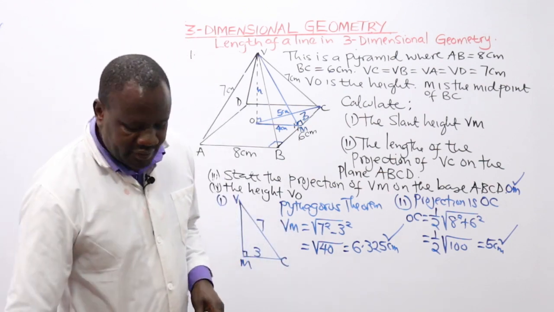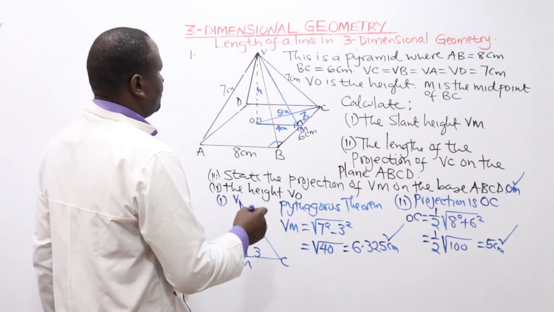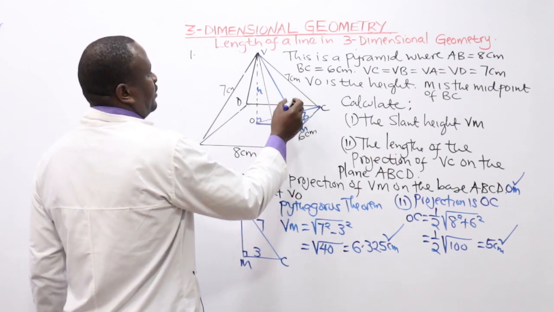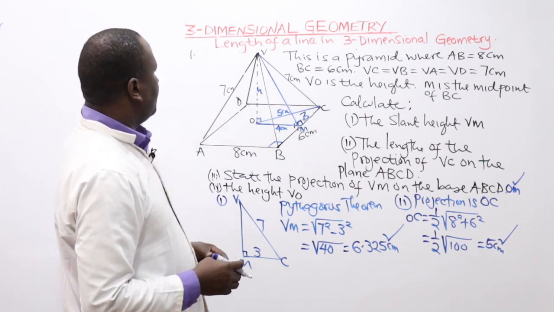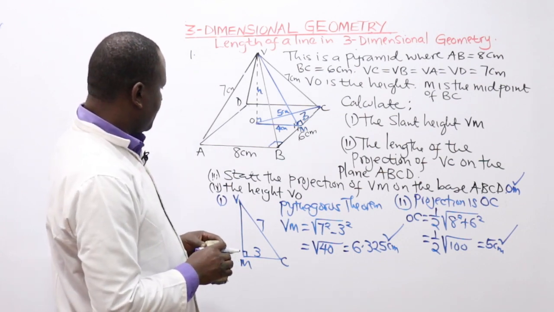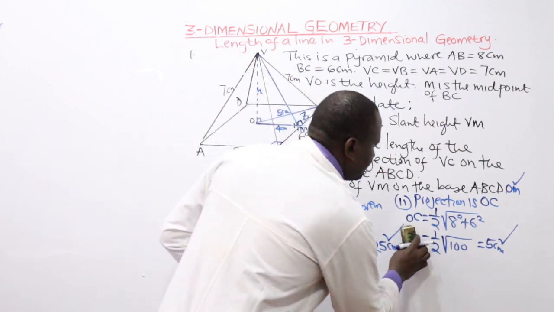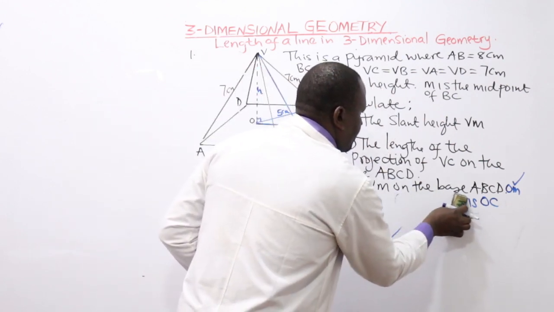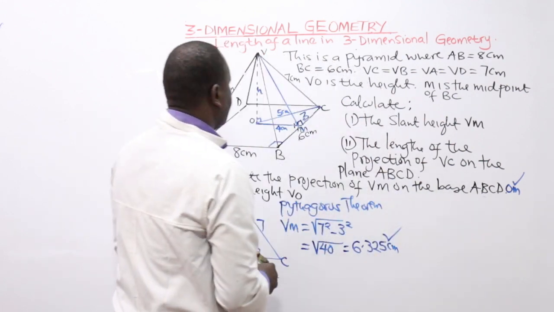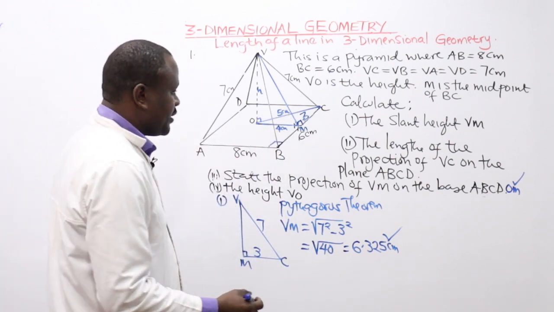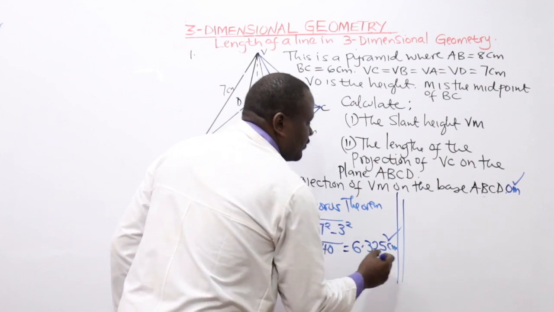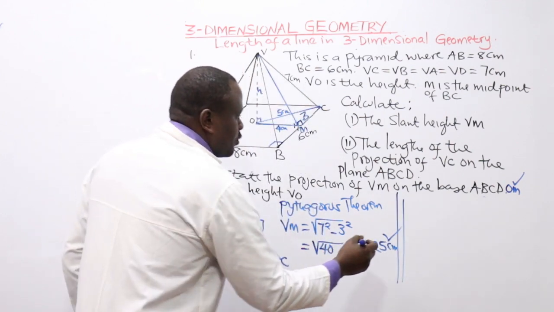There are 2 ways. Since we already have this is 5 and this is 7, we use those 2. And this is how we do it. This is already 5. We have found it. Now, we use Pythagoras theorem. You can see it is very important.